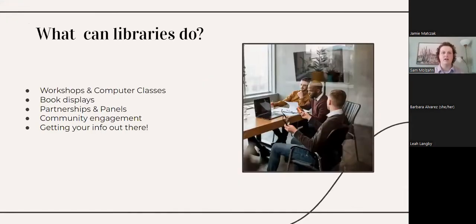So what can libraries do? There are a number of things that we can do, and any of these are great ways to implement some media literacy or misinformation programming or other resources into your library. So we can do workshops or computer classes, book displays. You can get partnerships and panels, just like what Barbara and I are doing today.